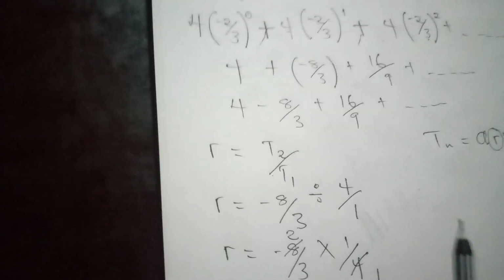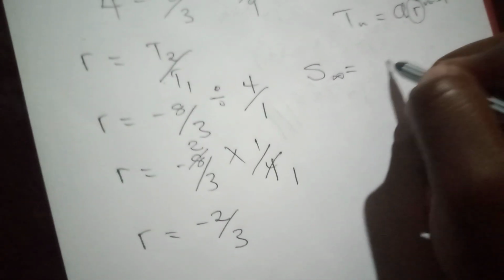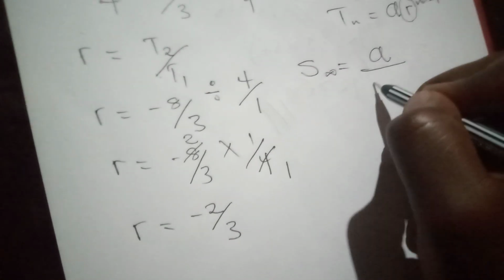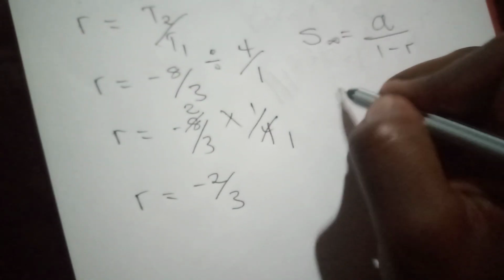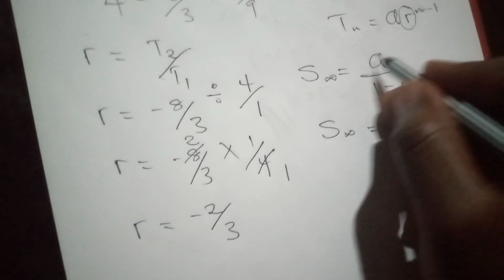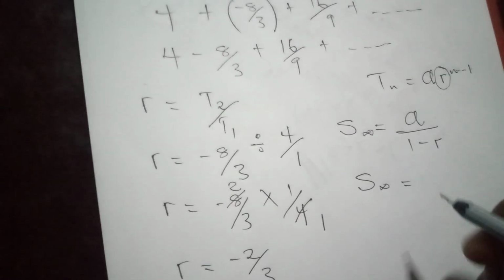So now we can start answering the sum. I'll say the sum to infinity is equal to the first term over 1 minus the common ratio. The first term is 4.